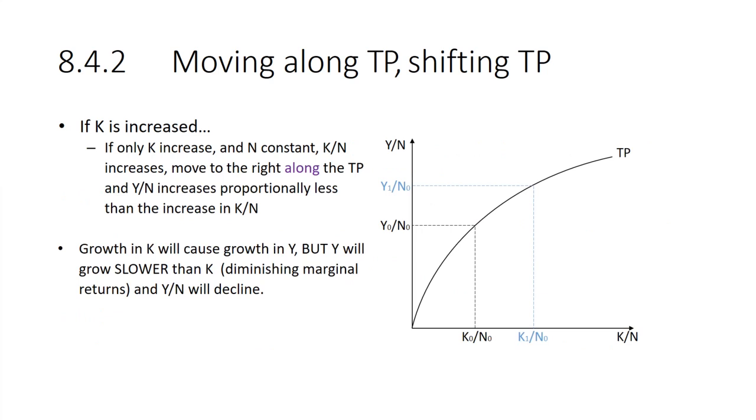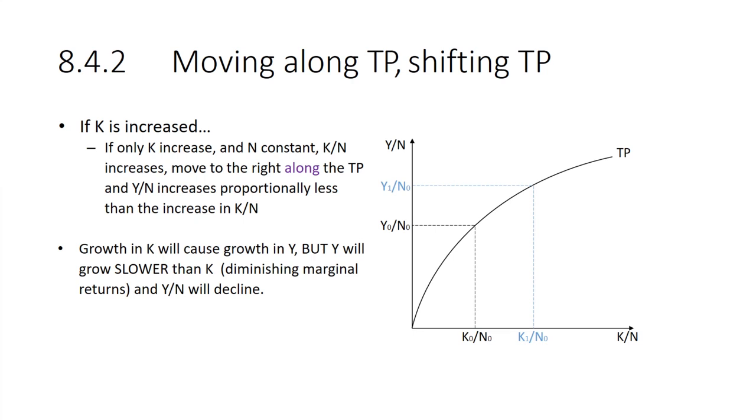So let's look at the first one, a change in capital. Notice that I'm doing an increase in capital here, but you could do the opposite, and that would also apply. So if capital increases, but we assume that labor does not increase. In other words, K over N, the K part increases, the capital, without a change in the denominator, labor, which means the entire capital-labor ratio increases.